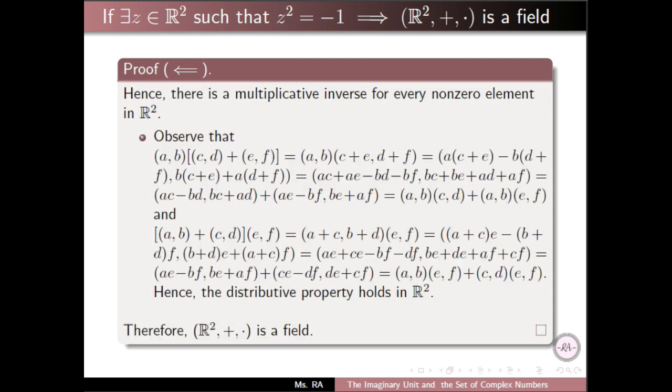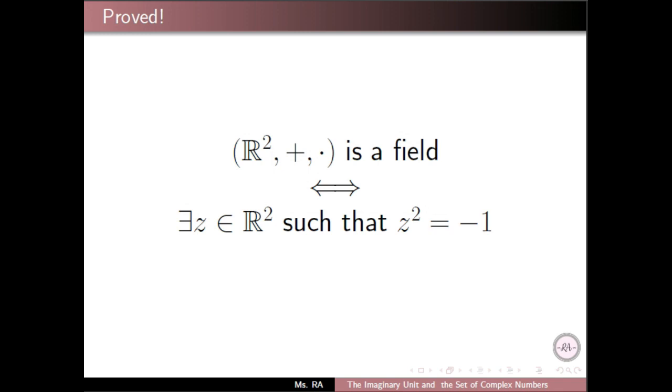Okay. So this ordered triple, R2 equipped with this vector addition and this multiplication that we have defined, is a field. Now both directions have been proven. So this ordered triple is a field if and only if there exists a z in R2 such that the square of z is equal to -1.